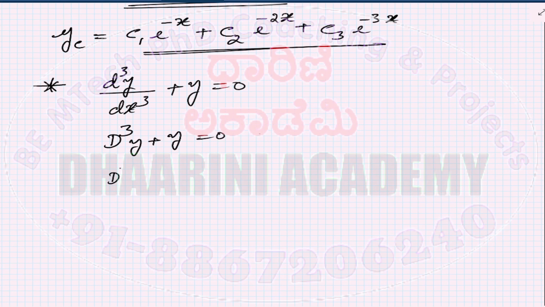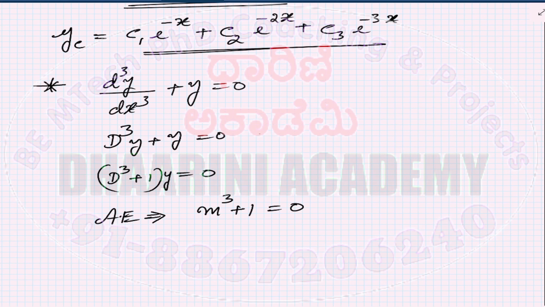This means d cubed plus 1 equals 0, into y. My mistake, I take y common. So from this I write the auxiliary equation. The auxiliary equation is nothing but m cubed plus 1 equals 0.